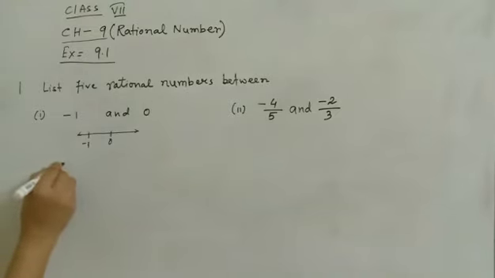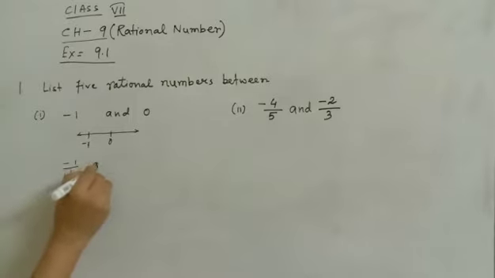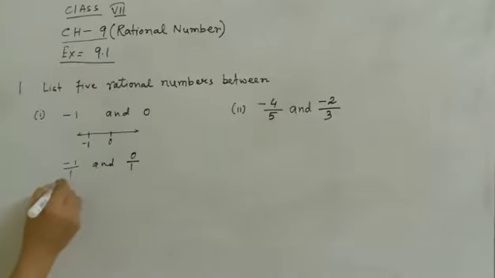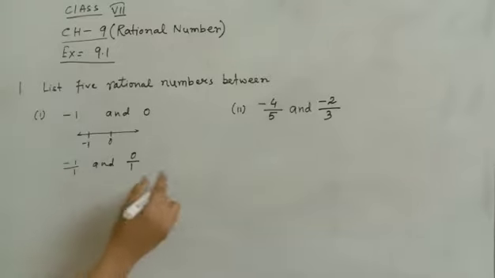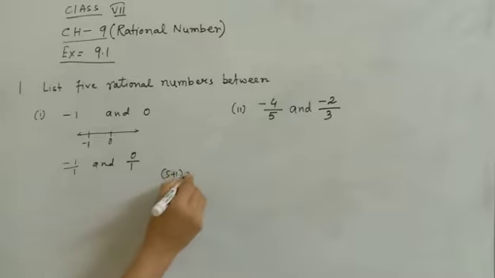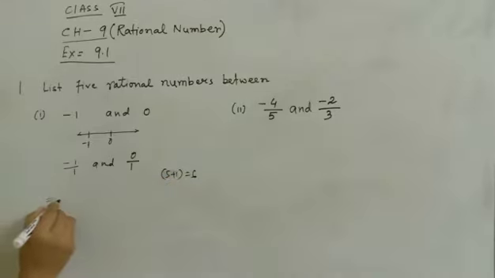Can I write -1 as -1 by 1 and 0 as 0 by 1? Now you have to write 5 rational numbers in between these two numbers. So make the denominator one more. Say 5 rational numbers you need, you write one extra, 5 plus 1, that is 6. So make the denominator 6.